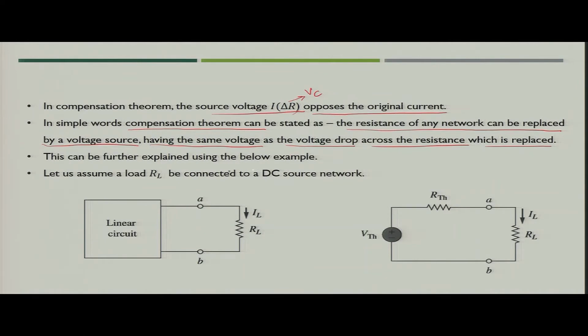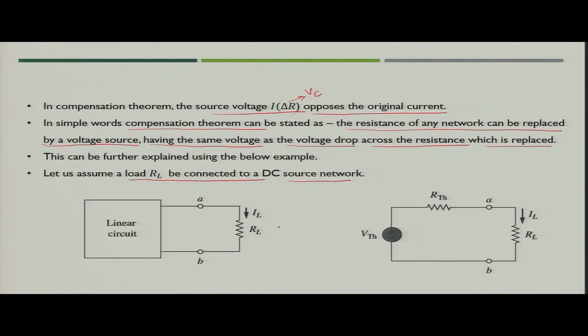So, let us now try to understand and derive whether the updated circuit which we have just calculated justifies the claim or not. Let us assume that the load RL is connected to a DC source network, that is, we have a network here and load RL is connected to that.